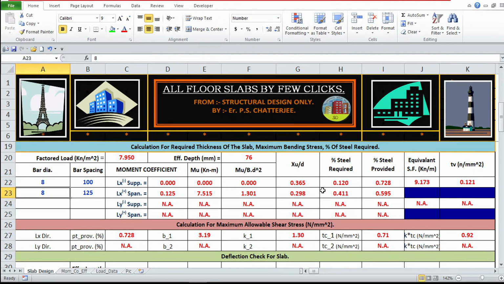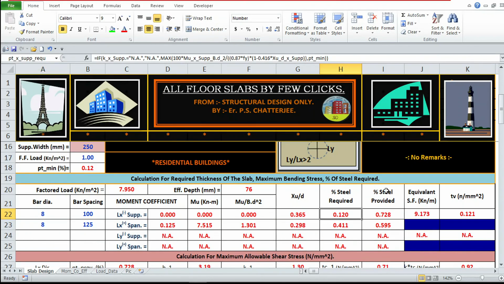Look here, for Lx top, that means at support, Mu by discuss 0, we need minimum 0.12% steel. Steel provided 7.728, required 0.12%. But we have provided 0.72. So we can change this value to 200.